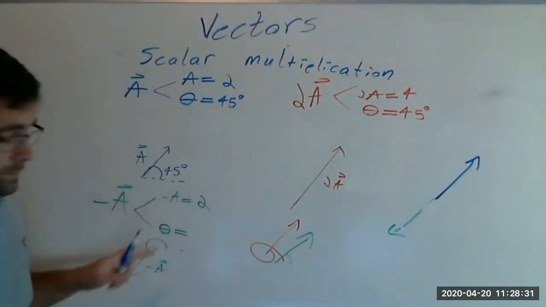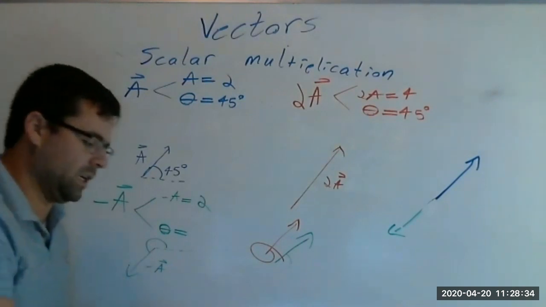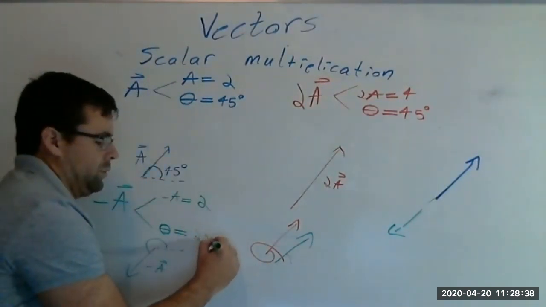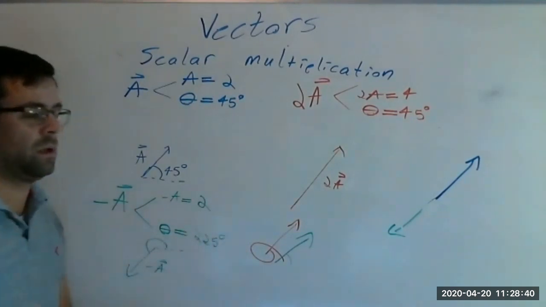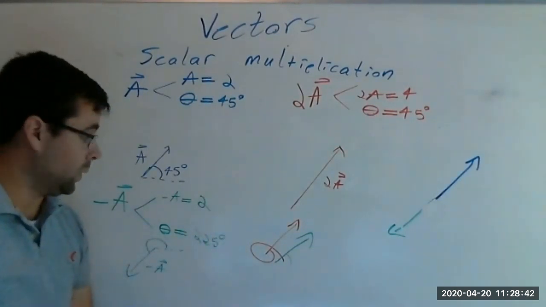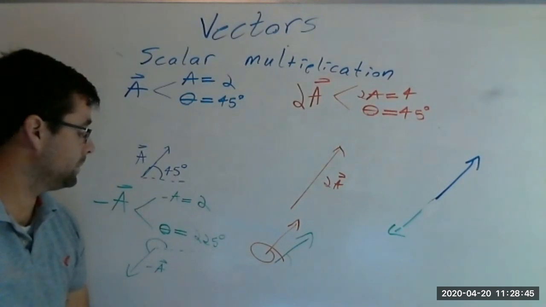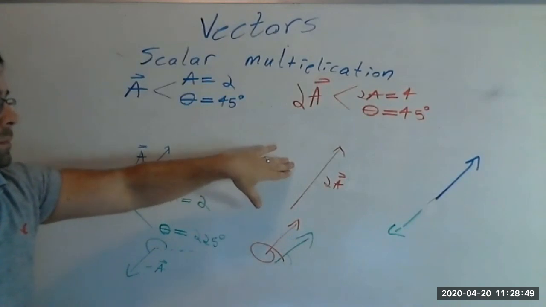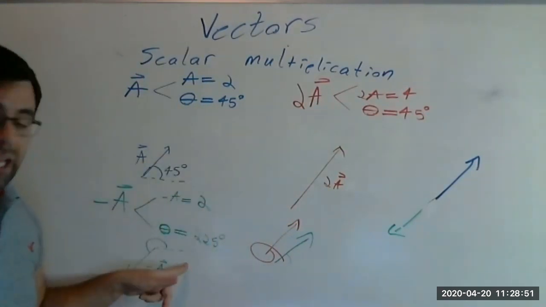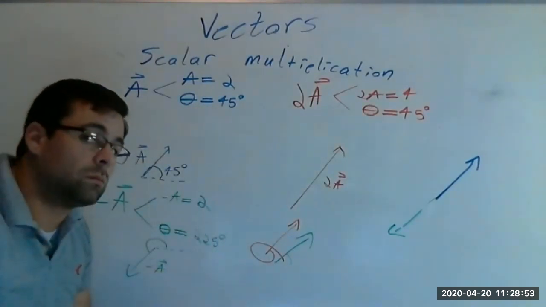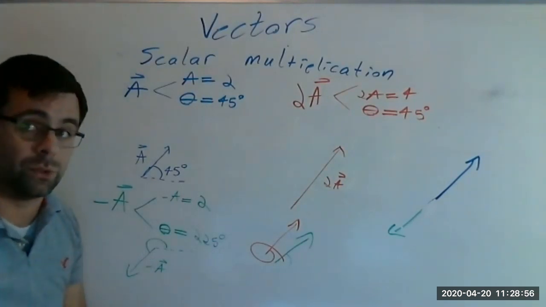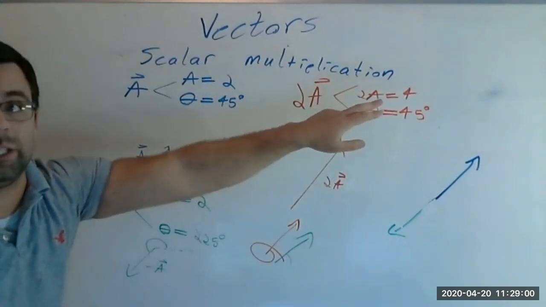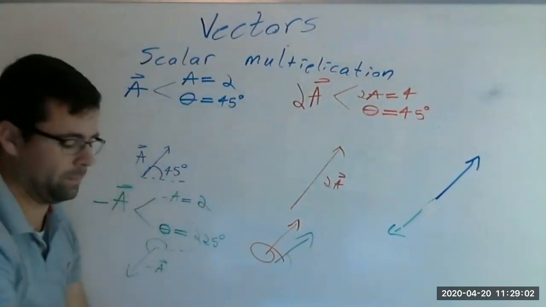So anyways, theta equals 225. Okay. So this is what happens when you scale something up or you make it negative. And you could do both. You could multiply it by like -2, in which case the magnitude would change and the angle would change.